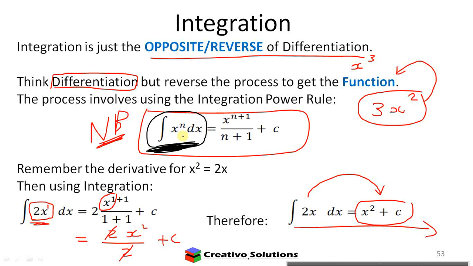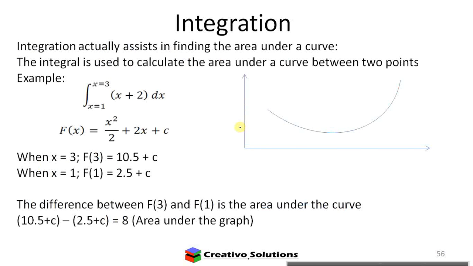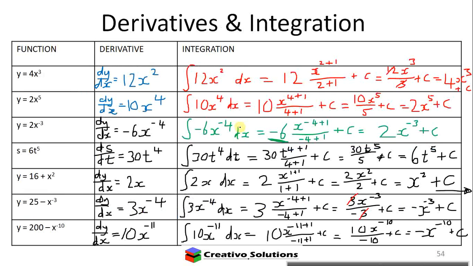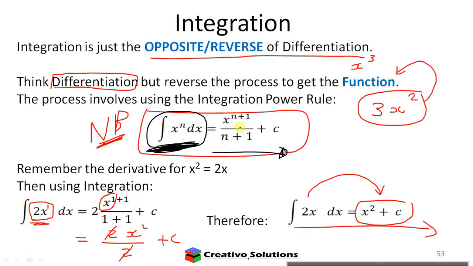In other words, x to the power something. x to the power something can be integrated using this formula. So if I have it in the simple format, then I can apply this rule. It's the same rule, but we're just simplifying it first before we integrate.